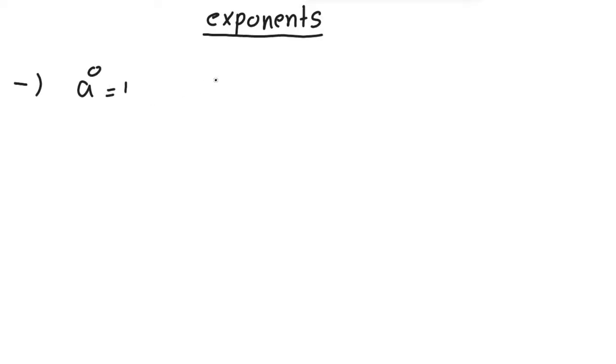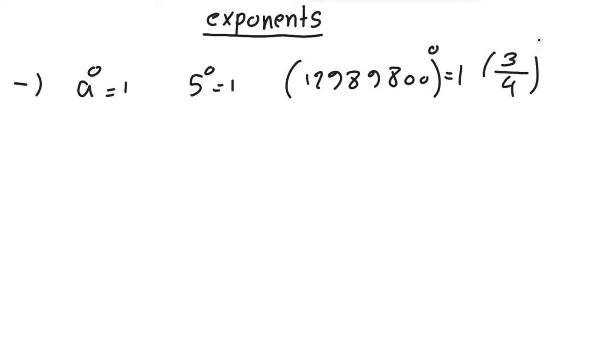It's not important which kind of number you have. 5 to the power of 0 equals 1, or write a big number to the power of 0, it's equal to 1, or any decimal number like 3 or 4 to the power of 0, it's equal to 1. And another one: any number to the power of 1 is equal to itself, a, or like 11 to the power of 1 is equal to 11, or any other number.